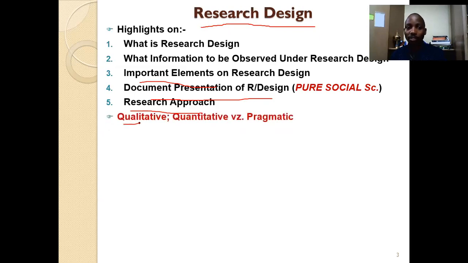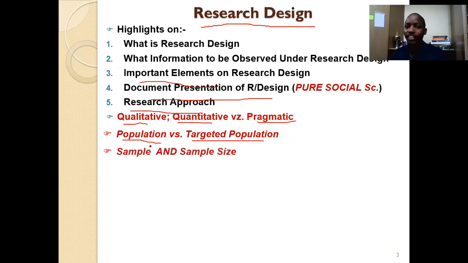We are going to see qualitative, quantitative, and pragmatism as types of research design, which are commonly in use. We will look at the population and targeted populations. These are some of the information that should be well placed and written on the research design. We expect information related to sample and sample size under this research design.